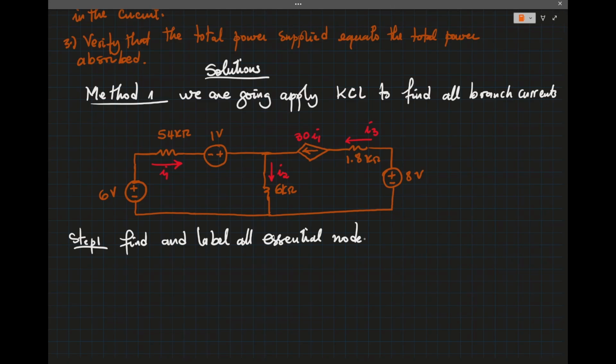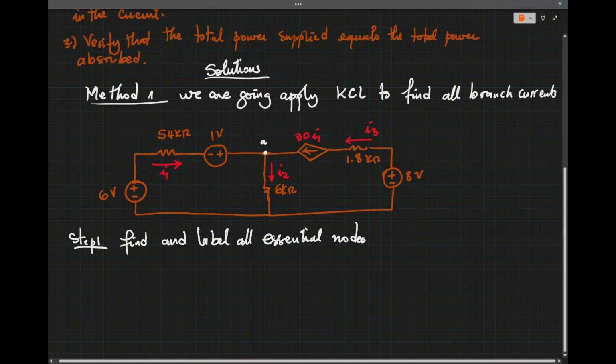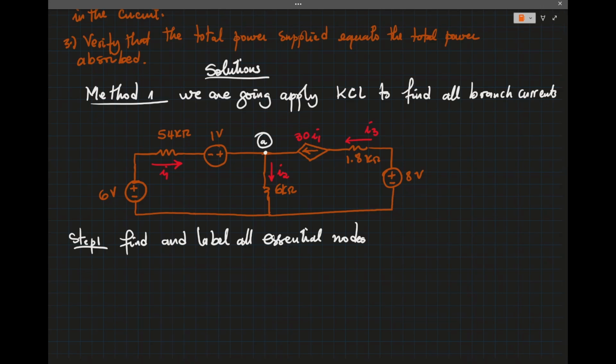Let's label all essential nodes. You have this point, I call it A, because we have at least 3 components that are joined at that point, and there I call it G. It's another essential node. I call it G for obvious reason.